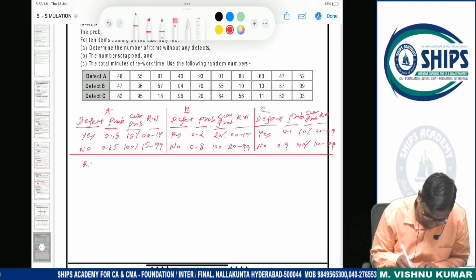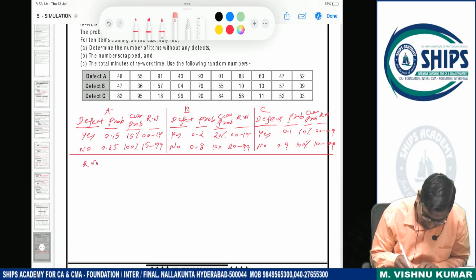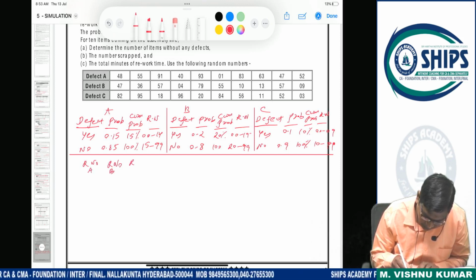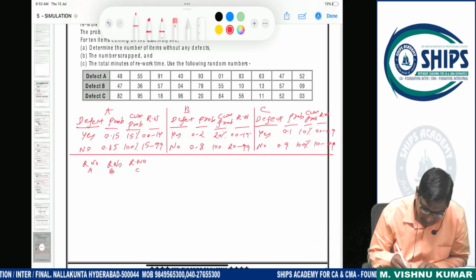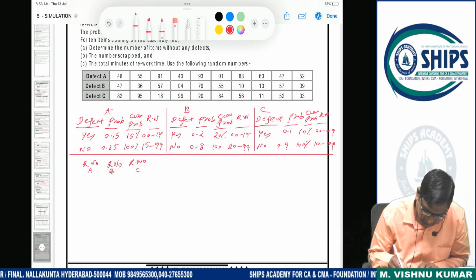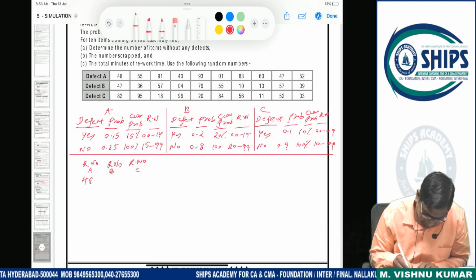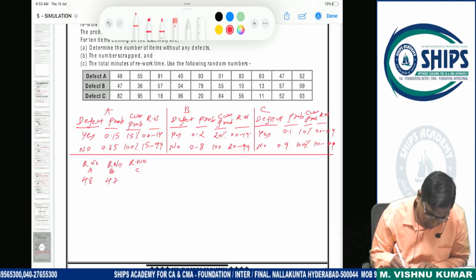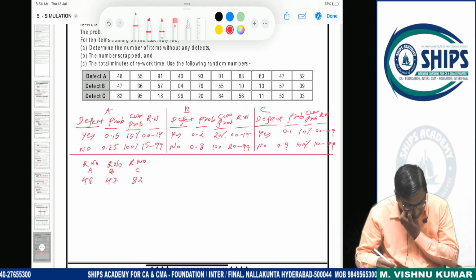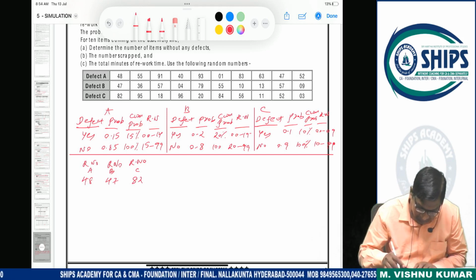So, first the random number for defect A, random number for defect B, random number for defect C. After that, the random number for defect A given here is 48, then 47, 82. Right.